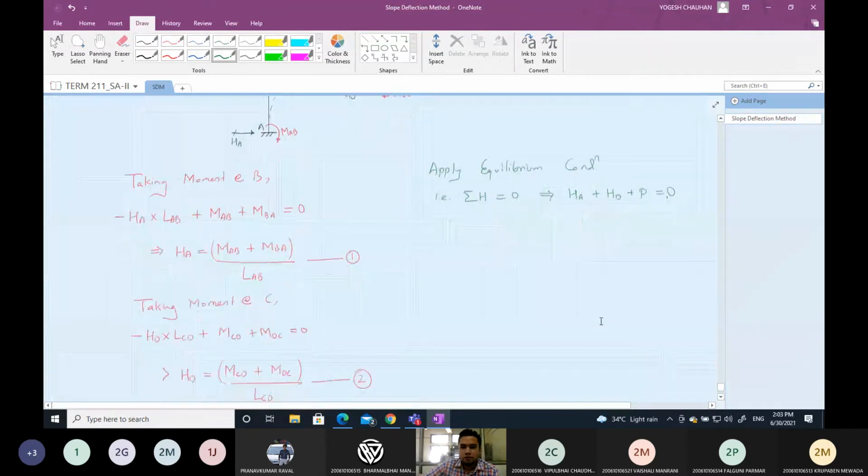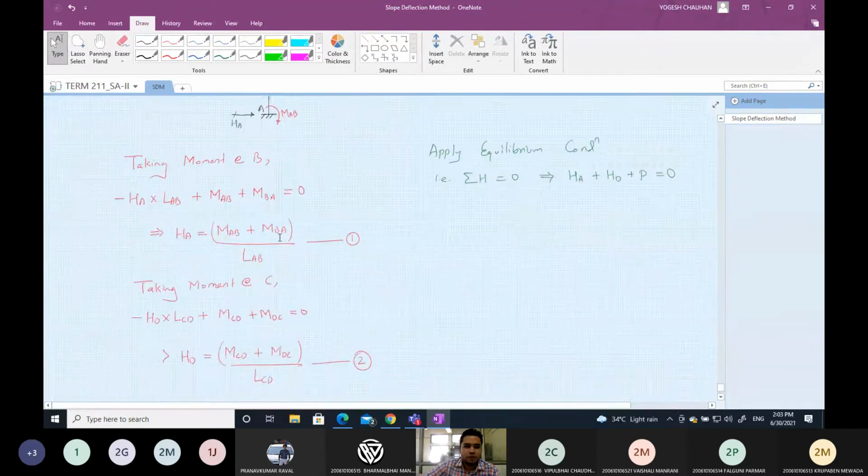So now what is HA? HA is MAB plus MBA by LAB. HD is MCD plus MDC by LCD. You have the value of MAB, MBA, MCD, MDC from the formulated slope deflection equations for all these moments.